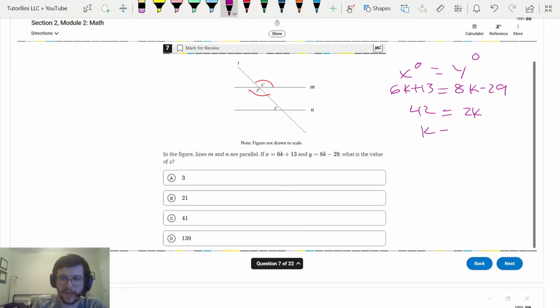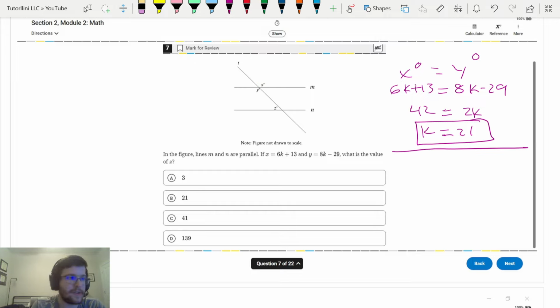Divide by 2, and k equals 21. Now you can plug in k equals 21 into either, so either into here or into here. And if you do that, you should get x and y both equal 139 degrees.